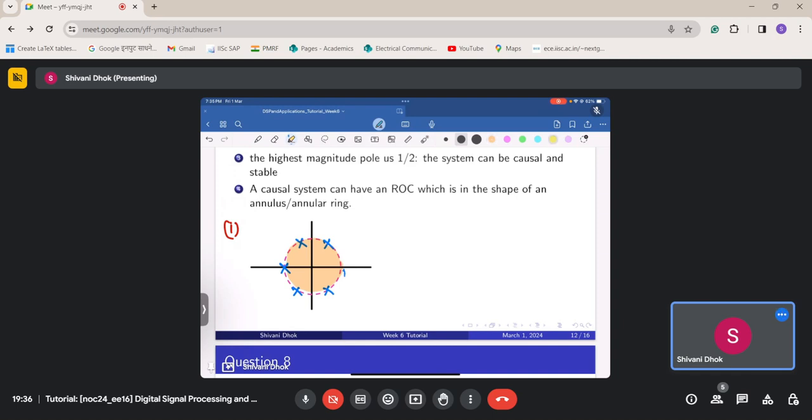And the second possible region of convergence is something like this. Since all poles are at unit circle, there is no pole at z tending to infinity also. So if I have a condition like this, this yellow region will give me a causal system, and this other region will not give me a causal system, so it will give me a non-causal system.